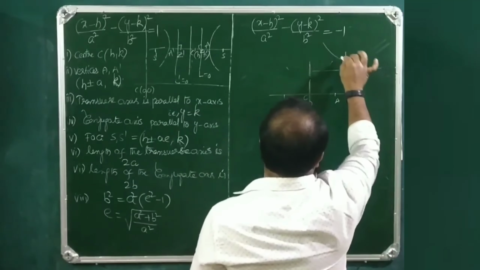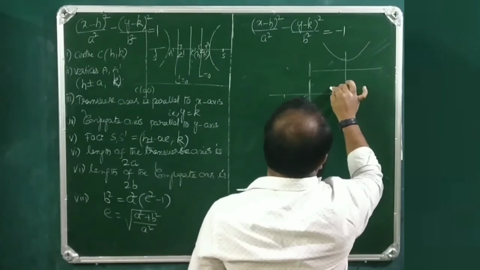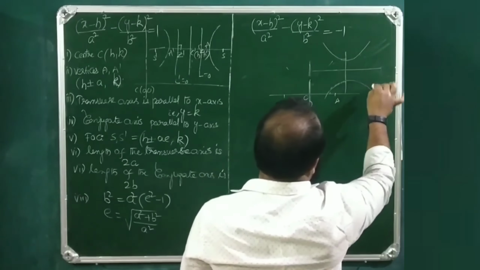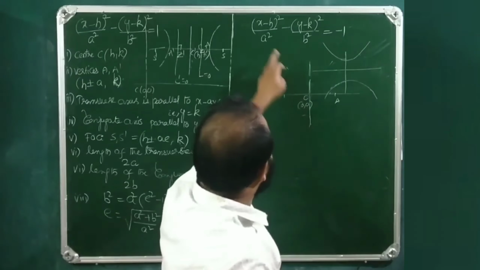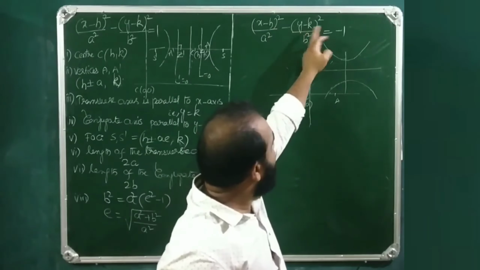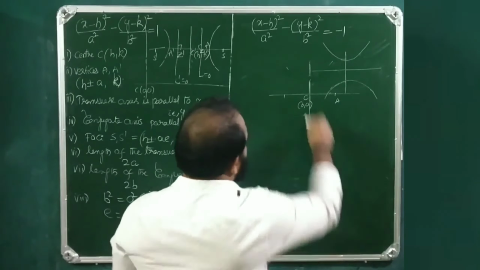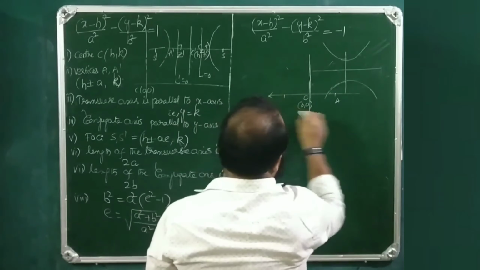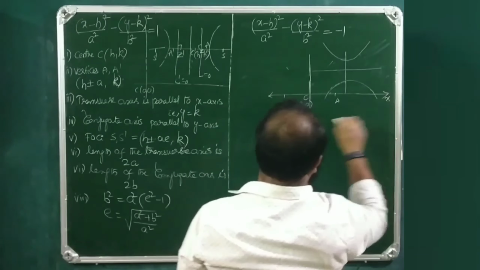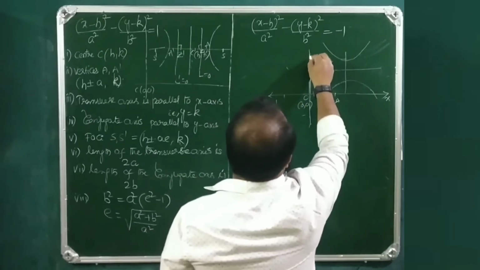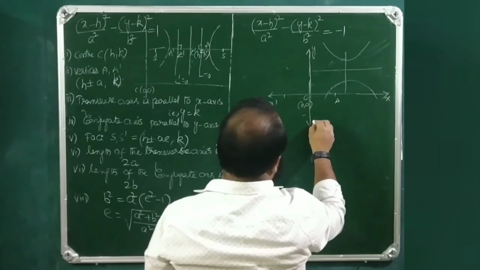Now this is our hyperbola: x minus h whole square by a square minus y minus k whole square by b square equals to 1. So this is the coordinate axis, X dash, this is Y dash.